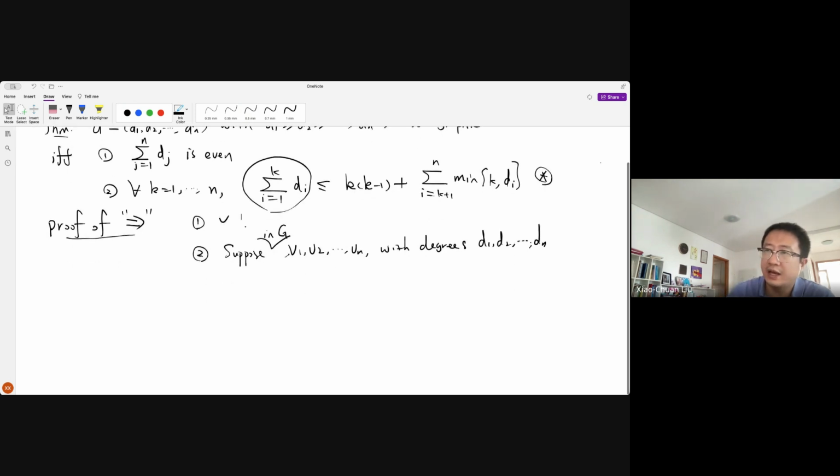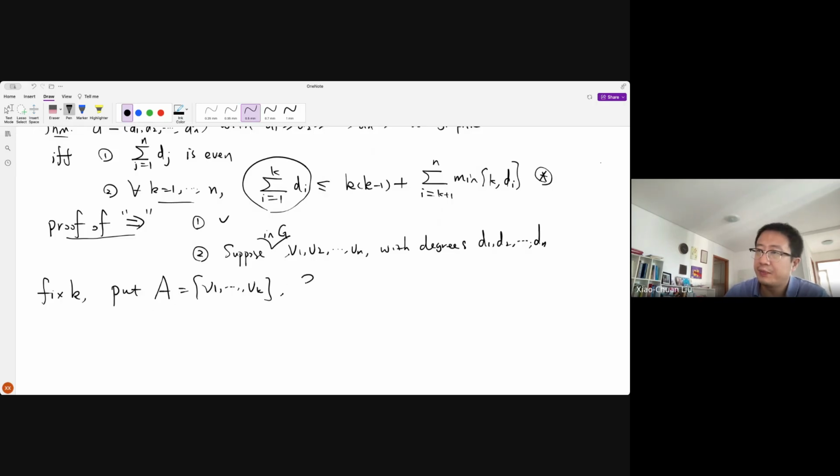We put A to be v1 until vk, for any fixed k. We want to fix k and prove this inequality for any arbitrary k. So if k is fixed, we put A here, and B is the remaining vertices: v_{k+1}, v_{k+2}, and so on until vn.